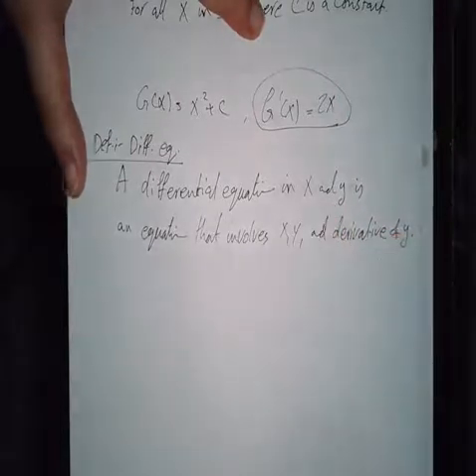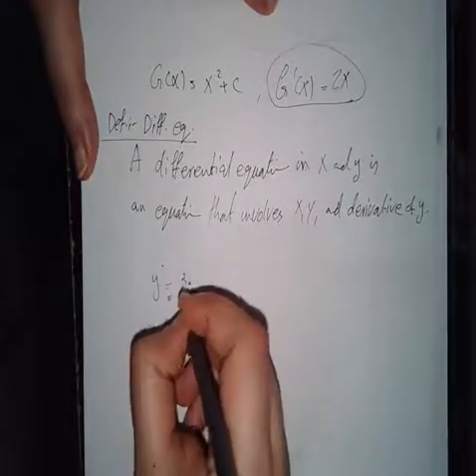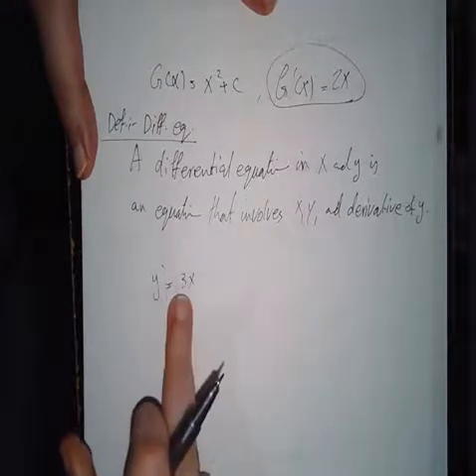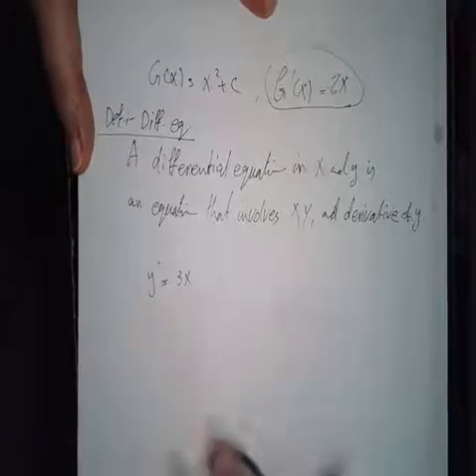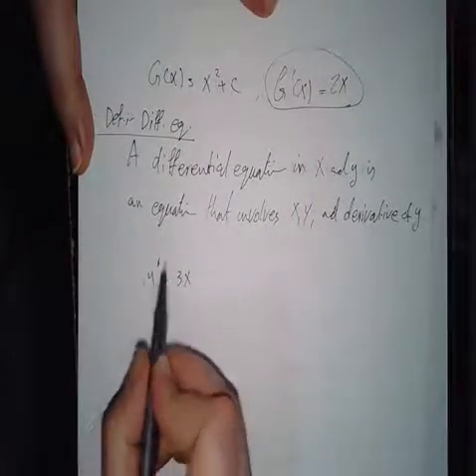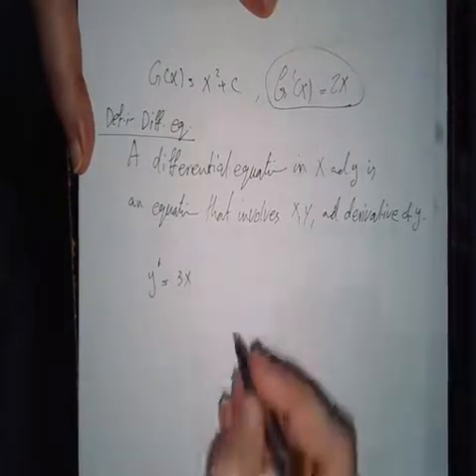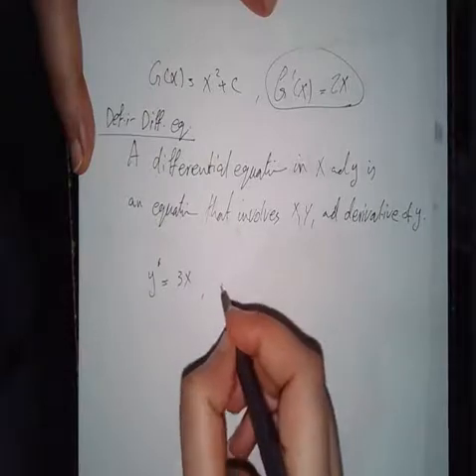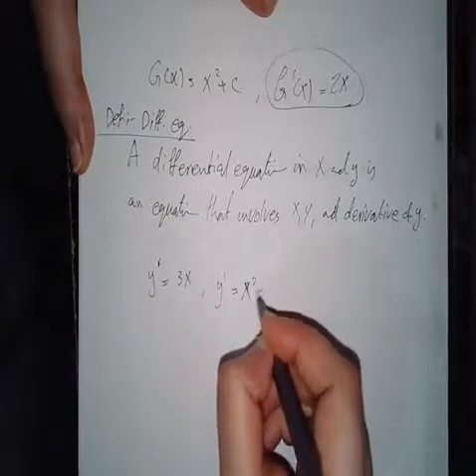So whenever you see, for instance, y prime equals 3x, this is a function in terms of x, where x is derived, and on the other side you only had y, and because it has nothing else, the derivative was 1, and you multiplied it times y prime. So this is considered a differential equation. Another example would be y prime equals x squared plus 1.